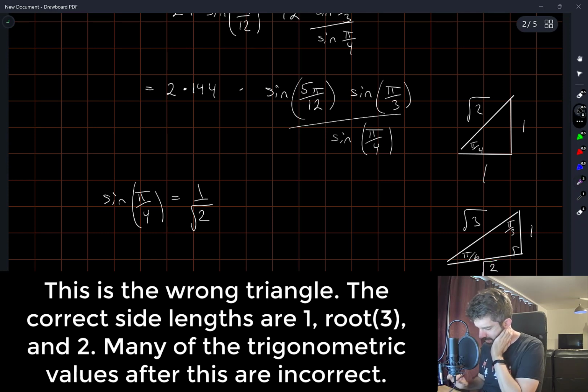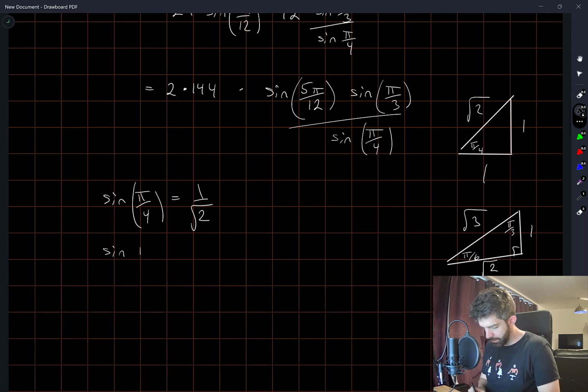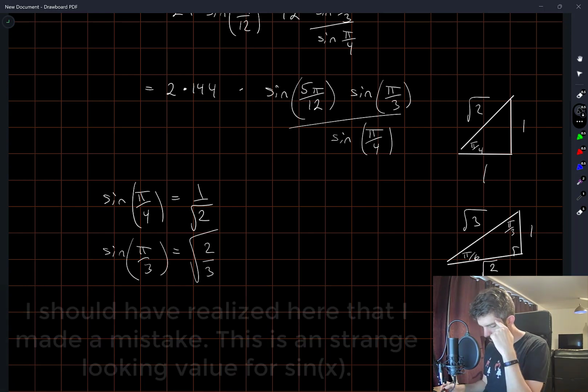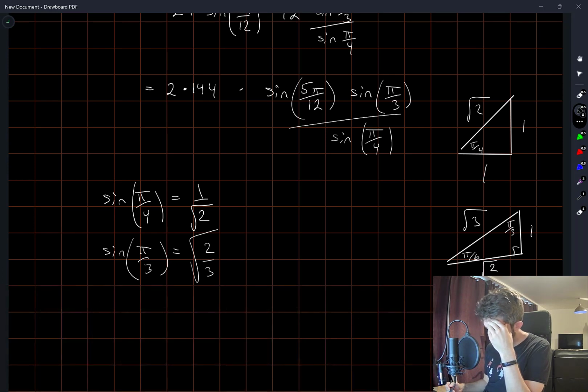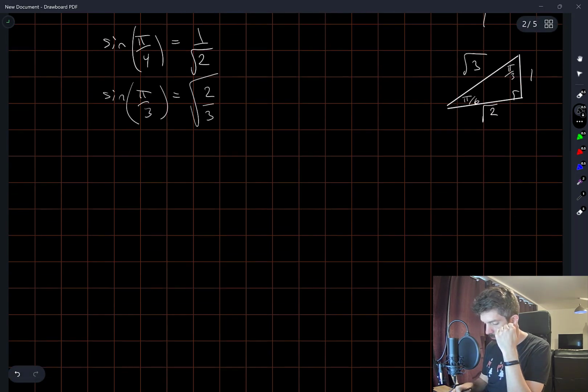Yeah, all right. I think these are the right ratios here. So then sine of pi over 3 is root 2 over 3. Yeah, okay. And what about sine of 5 pi over 12? So I'm thinking here maybe using double angle or half angle formulas.